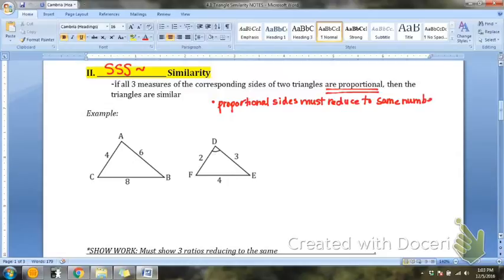So the proportional sides must be reduced to the same number in order for the triangles to be similar by side, side, side. So if you're going to use side, side, side, you have to set up proportions.